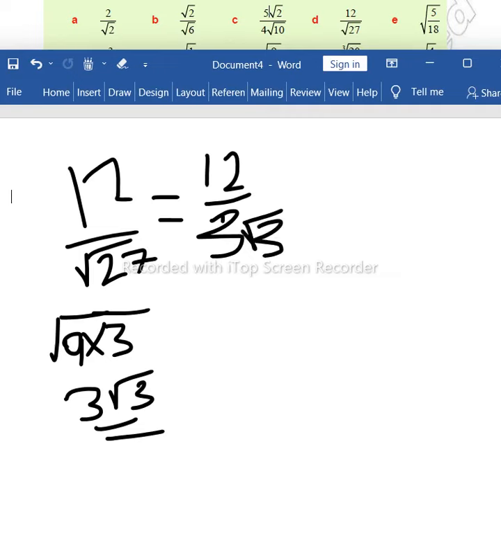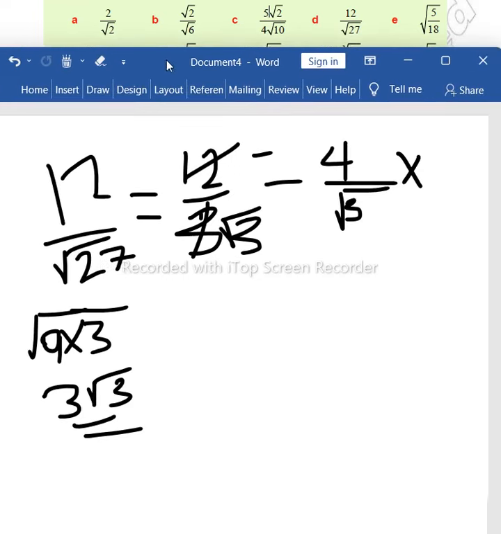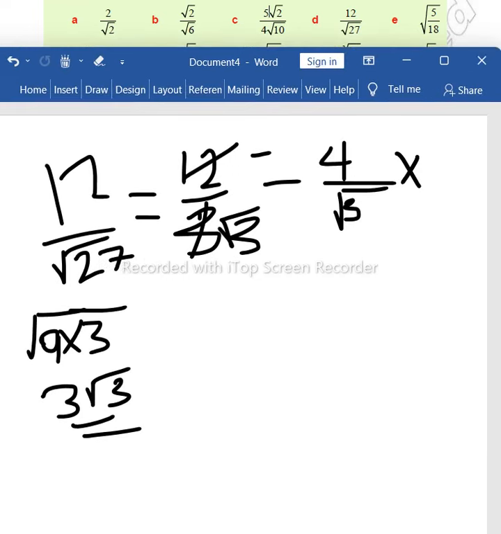When we divide 12 by 3, it will be 4. 3 by 3 is 1, so 1 times the square root of 3 is the square root of 3. So we have to rationalize the denominator of this, so multiply by the square root of 3 over the square root of 3.